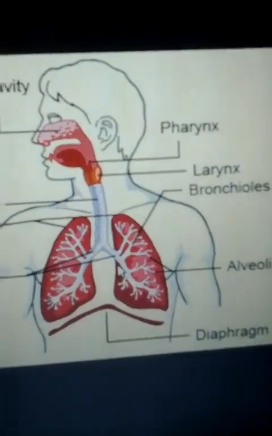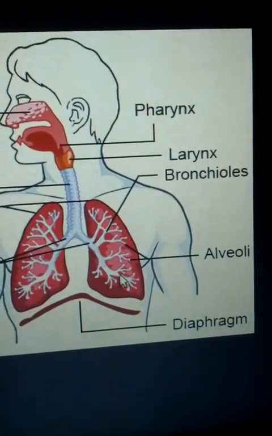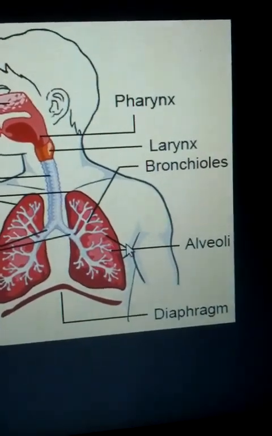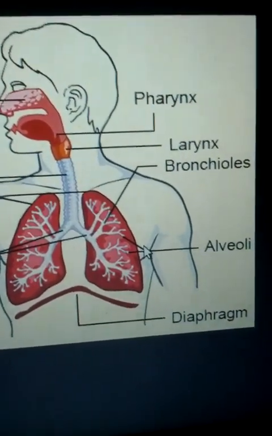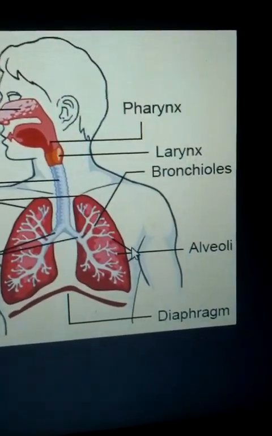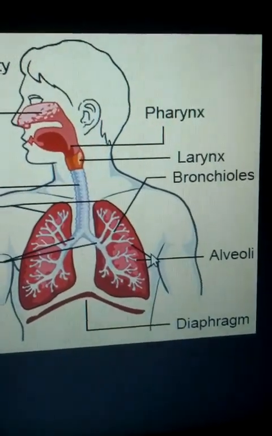At the end of each bronchiole, each small tube, there are small bags called alveoli. Alveoli are small bags at the end of the bronchioles, and like a bag, they expand and contract when air enters.